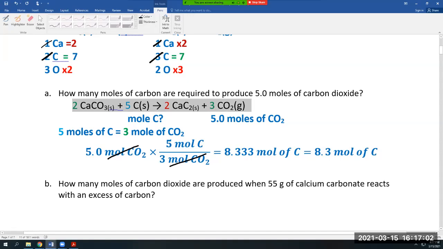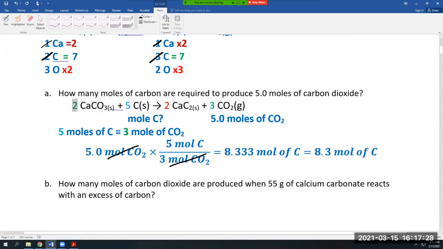So we have grams of calcium carbonate. Calcium carbonate is the reactant here. And it reacts with an excess of carbon. So this carbon here won't matter. And you want to find how many moles of carbon dioxide are produced. So moles of CO2 starting from grams of CaCO3.